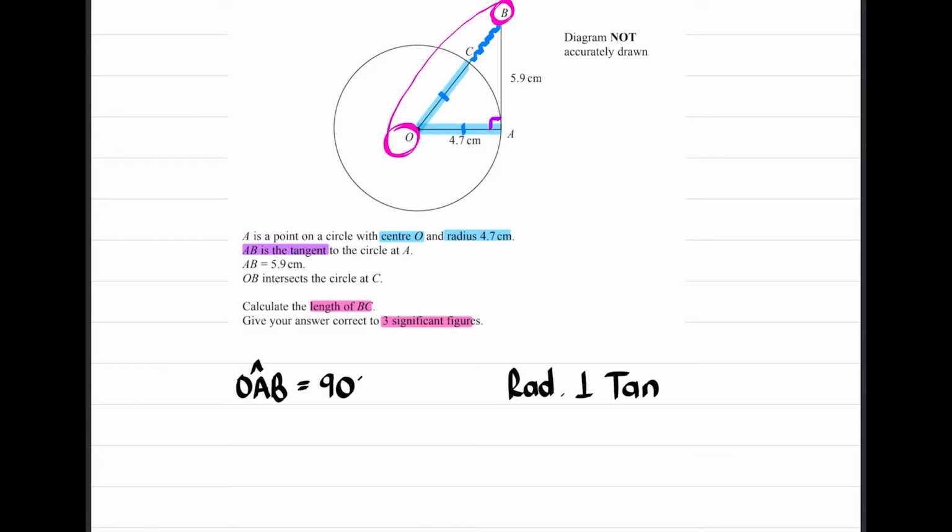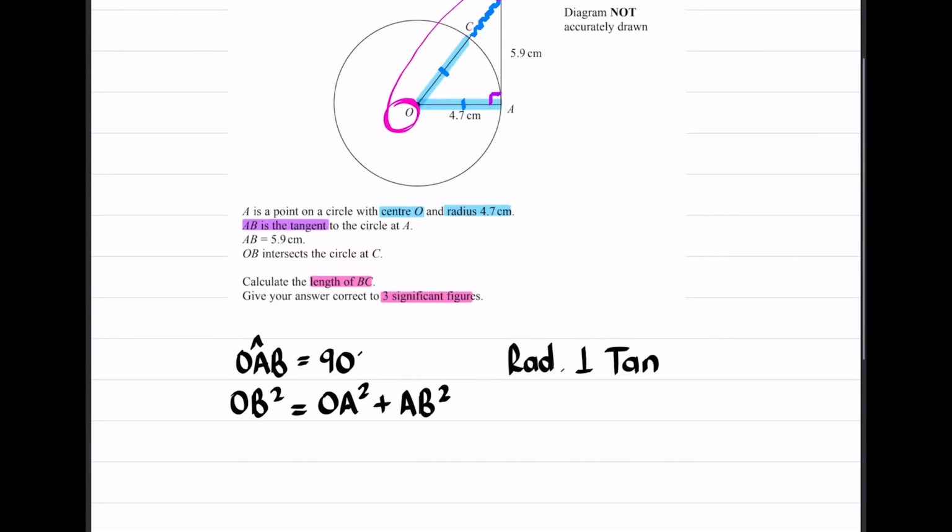So the hypotenuse, which is OB, so OB squared is equal to side 1, which is OA squared, plus side 2, which is AB squared. OB is what we're looking for. So OB squared is equal to OA, which is 4.7 centimeters, so 4.7 squared plus AB, which is 5.9 squared.